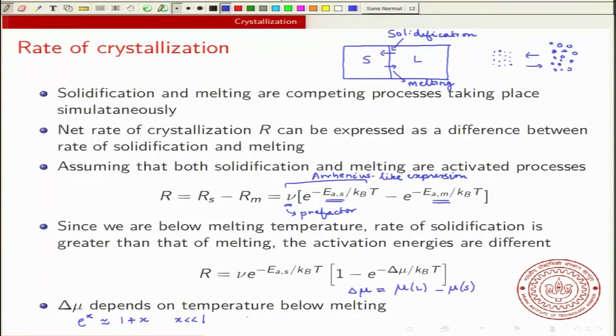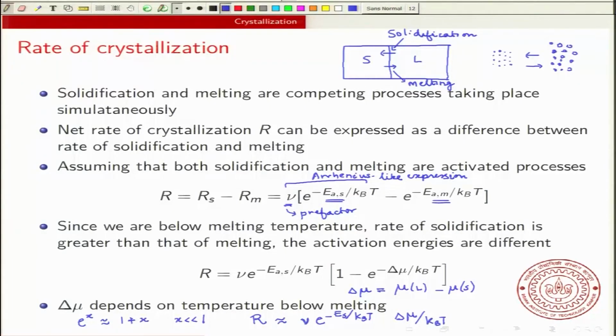So you have 1 minus e to the minus delta mu by kBT, and this whole factor will just be approximately nu e to the minus Es by kBT times a factor of delta mu by kBT.